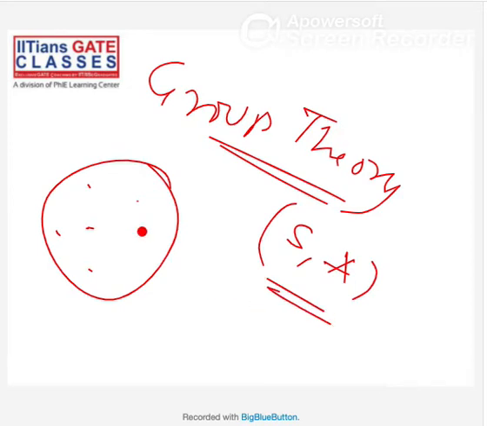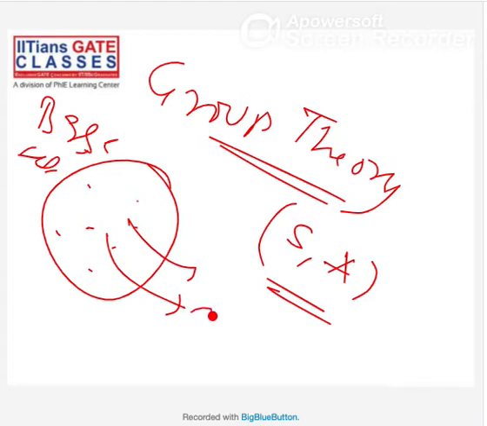So from this base set, on the elements of this base set, you apply the star operation. For example, A star B. So you take two elements A, B, and you apply the star operation.